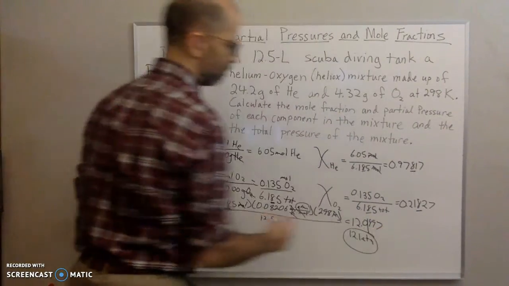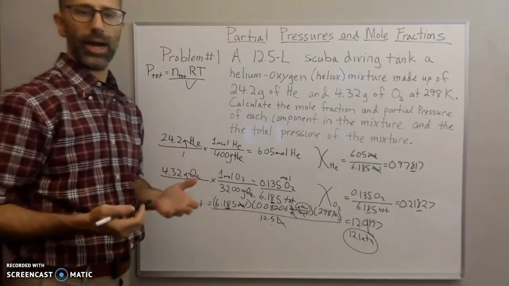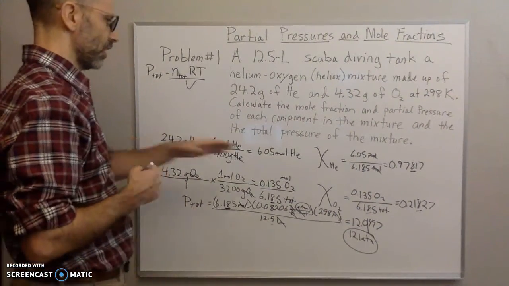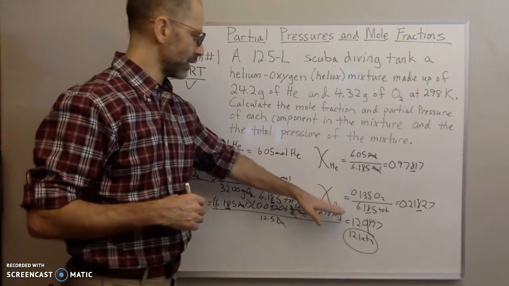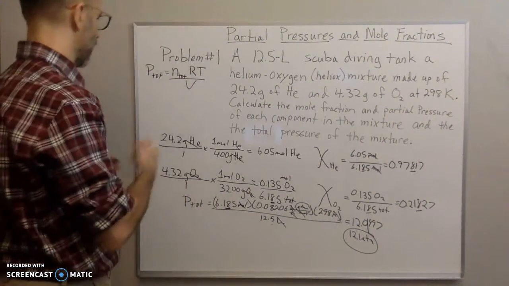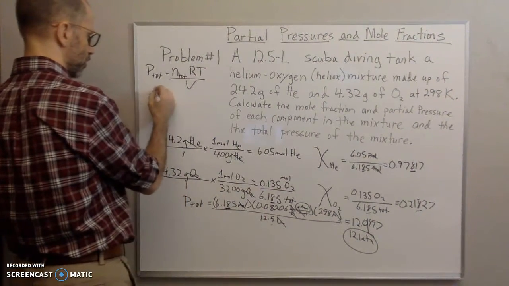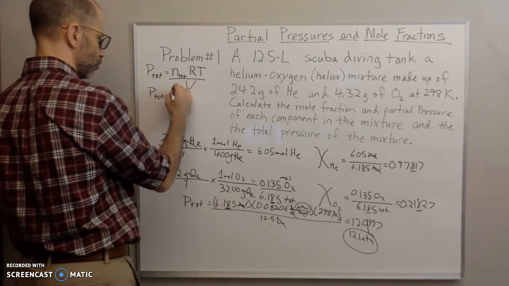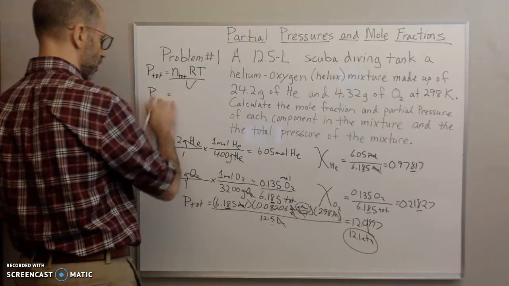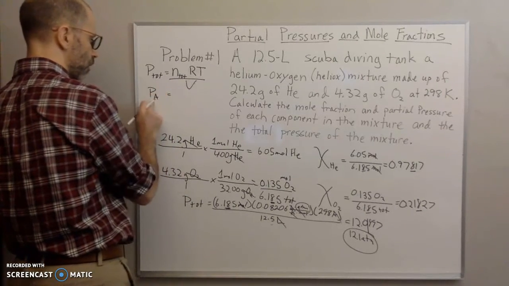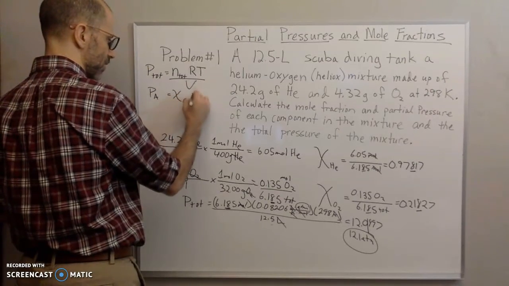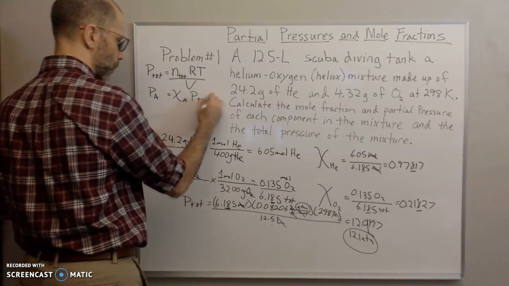I can then keep this to find the partial pressures. So now I can use the mole fractions for each, and then I can use the equation. Remember, the partial pressure of the gas is equal to the mole fraction of the gas times the total pressure.